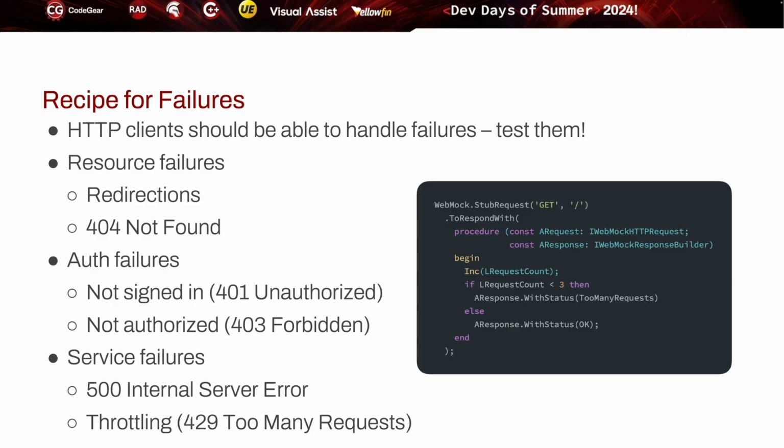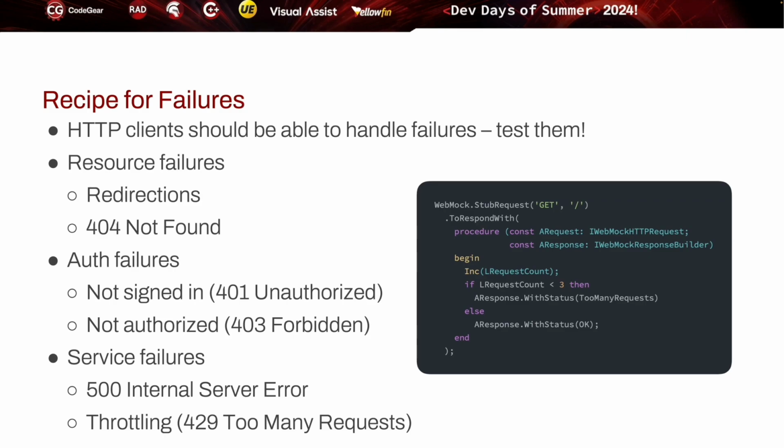And you can see here I've got a little example where we're going to do a dynamic response, which allows you to test a client. So the first two requests that it receives are going to be too many requests, with status too many requests. But the third request is going to be responded to with an OK.